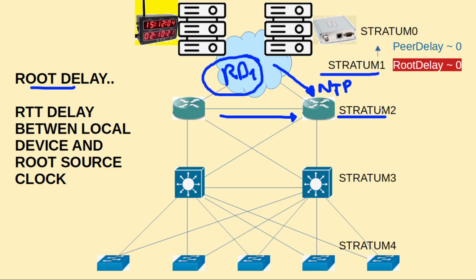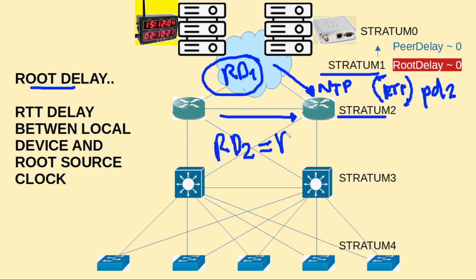The stratum 2 device is going to calculate the round trip time between itself and its NTP server, and it is going to call that the peer delay. And in order to calculate the root delay at the stratum 2 device, we are going to add the root delay that we are receiving through NTP packets plus this peer delay that we just calculated.